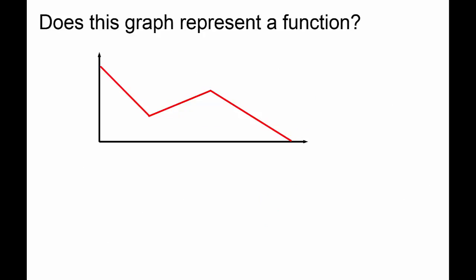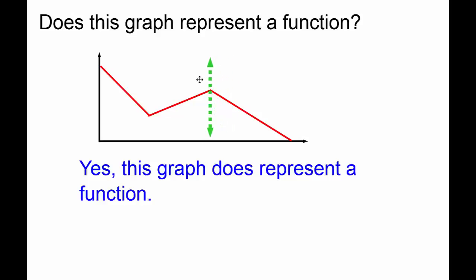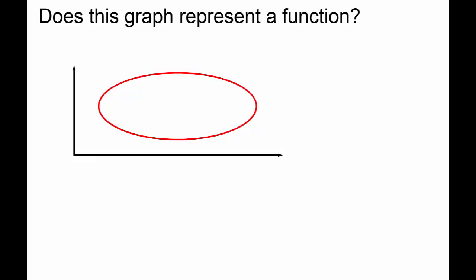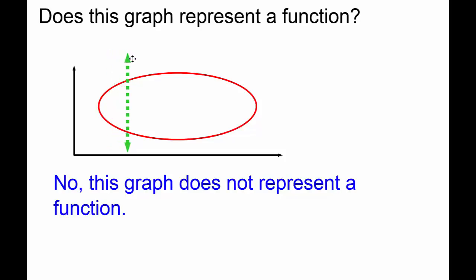Here's a question where you can use the vertical line test to help you. This relationship is a function because any vertical line crosses the graph only once. Here's another one. This relationship is not a function.